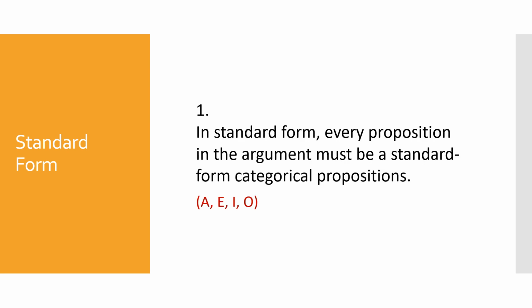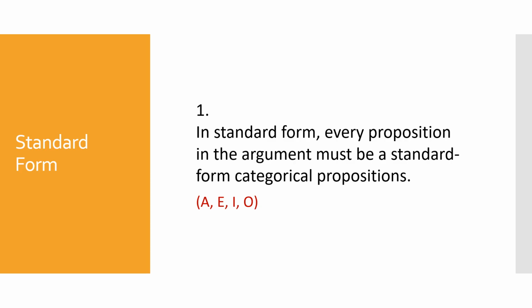To sum this up in terms of what constitutes a standard form categorical syllogism, what we find is the following. First, in standard form, every single proposition in the argument must be a standard form categorical proposition that fits exactly one of the 4 forms that we've talked about, A, E, I, or O. That is, I need a universal affirmative, a universal negative, a particular affirmative, or a particular negative.